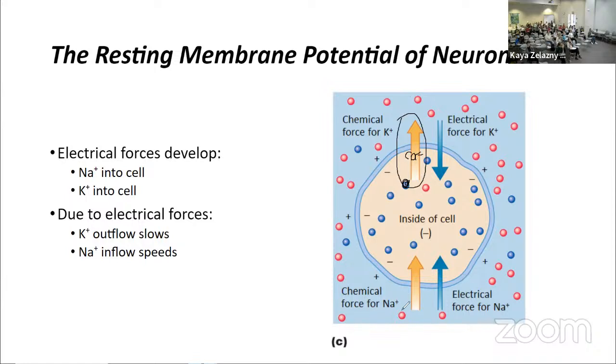We have the reverse chemical driving force on sodium. So our CDF is the opposite direction. We jammed a lot of sodium outside the cell and emptied the inside of the cell of sodium. So we now have a chemical driving force on our little red sodium ions to move in. And when our cell is negative, which is what we see happening first as we're getting to the resting membrane potential, we know we're going to -70.